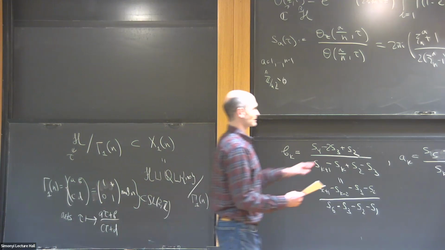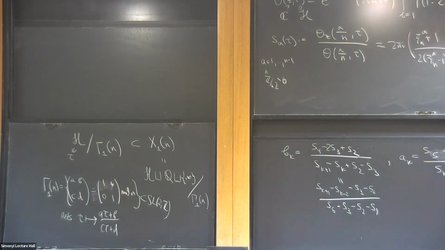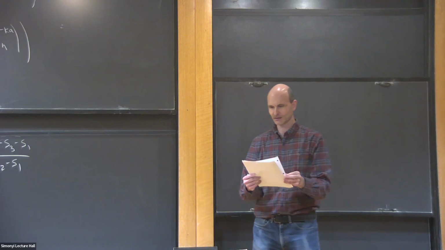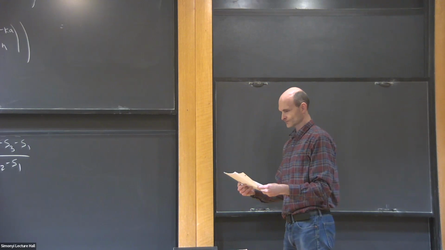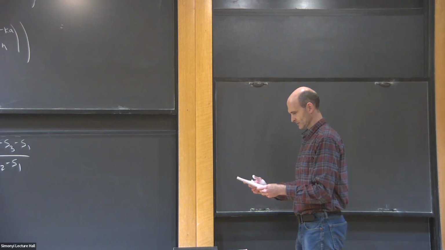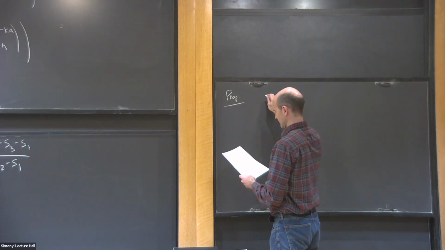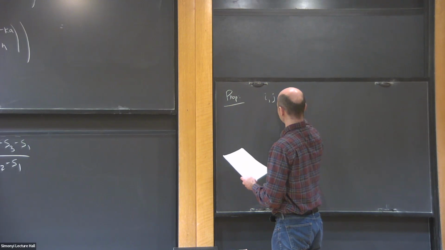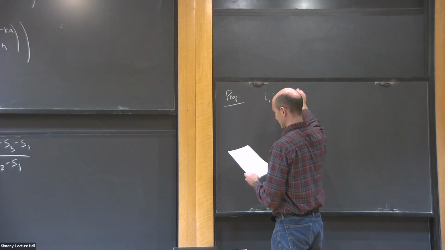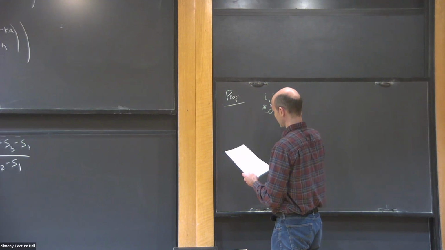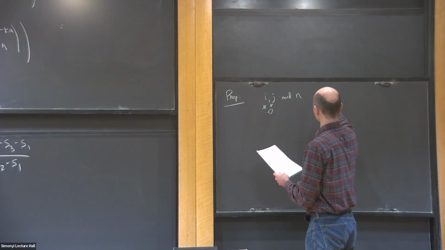More precisely, this is a particular case of the following property of this S, strange to me. I'm going to write it down just because it's so amusing. So it's a proposition in our paper. So suppose you have i, j mod n. So they're non-zero. They're different from each other.